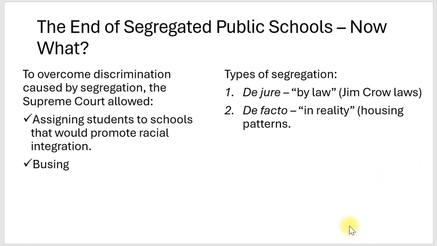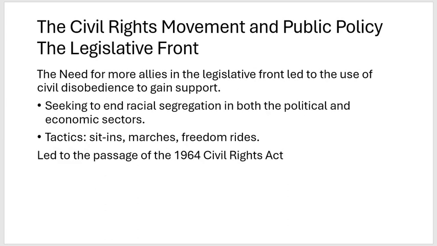So if you lived in a more white area or more Hispanic area or more African American area, was your school predominantly one race because of discrimination, or was it just in fact the reality of where people live? That is de facto. But even the court said this de facto is not good enough. You just can't claim that your school is predominantly one race as opposed to another because of this, and that's why they ordered busing. Okay.